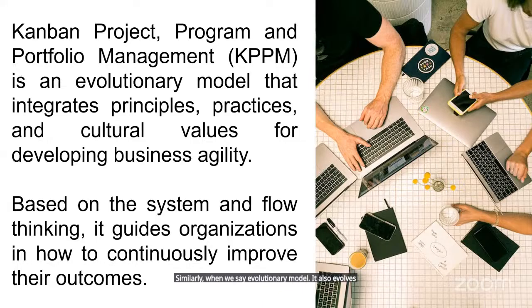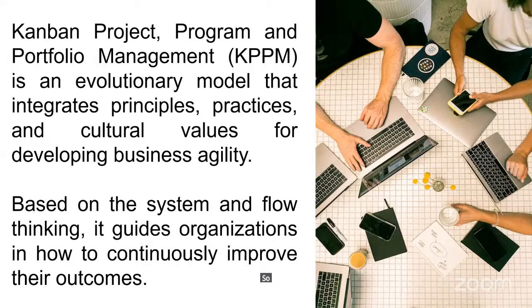So the model has got multiple levels, level 1, level 2, level 3, level 4, like that. Any model will have different levels, then it's called an evolutionary model. And each level will have its own practice, principles, values, etc. I will show you that also, what the different levels in KPPM are. And during this one-day program, we'll be learning all these things.